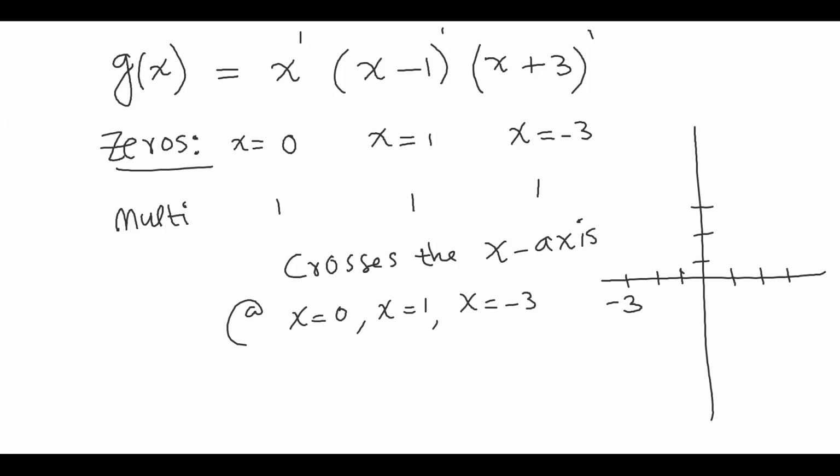I'm not drawing to scale. I'm just going to show you how the graph is going to look. So this is 0. These are the zeros of this function, and 1 and -3. Correct? So the graph goes like this.